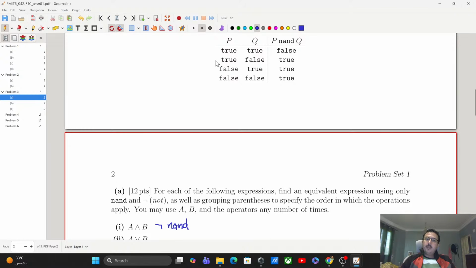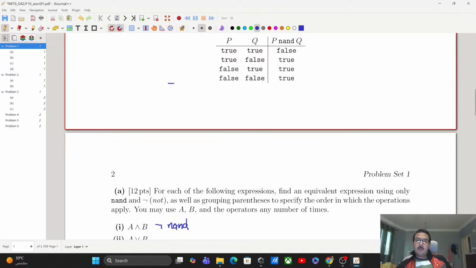Okay, not A. Not A is going to be false, false, true, true. Not P. Not Q. False, false.